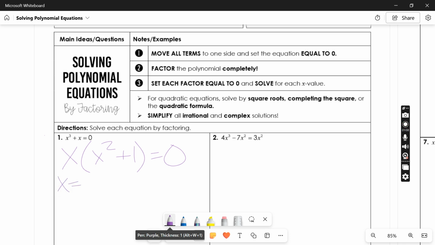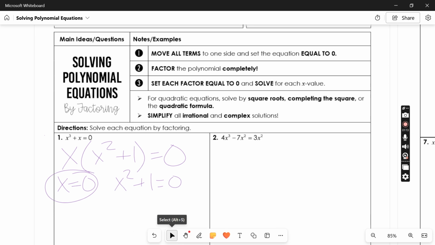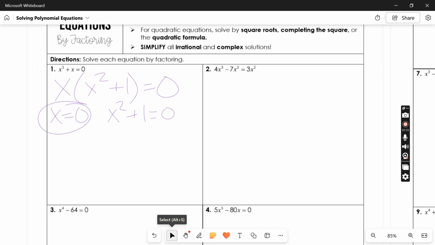So x equals 0, and that one's done. And x squared plus 1 equals 0. I do need to solve this for x, so I'm going to subtract 1 first, which gives me x squared is equal to negative 1.